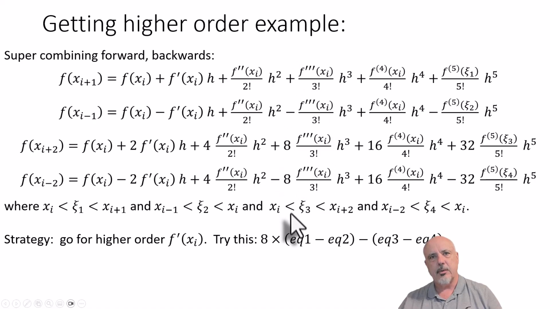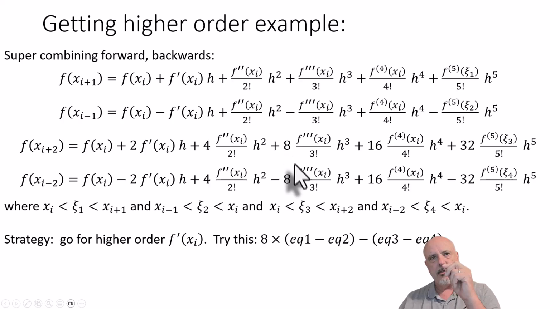So think about it this way: if I do equation 1 minus equation 2, that's going to double up the third derivative, right? Because of this minus this, I have minus a minus, so it's going to double that up. And then if I do equation 3 minus equation 4, it's going to double those two up, right?